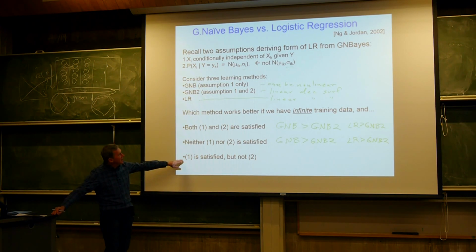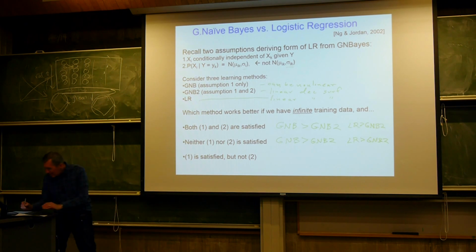And if one is satisfied but not two, then I guess just as before, GNB1 is going to be better than GNB2, which is making that second assumption.